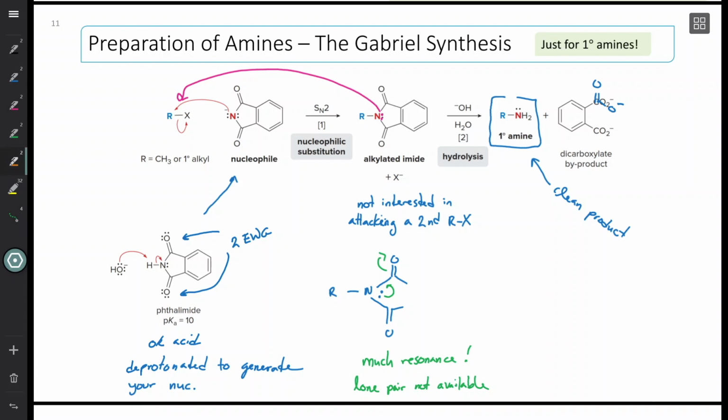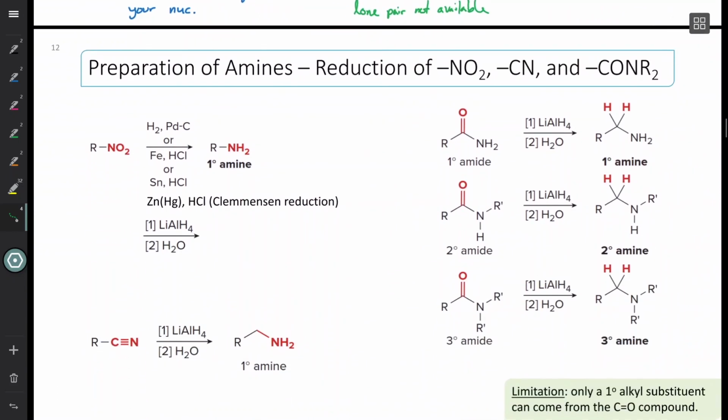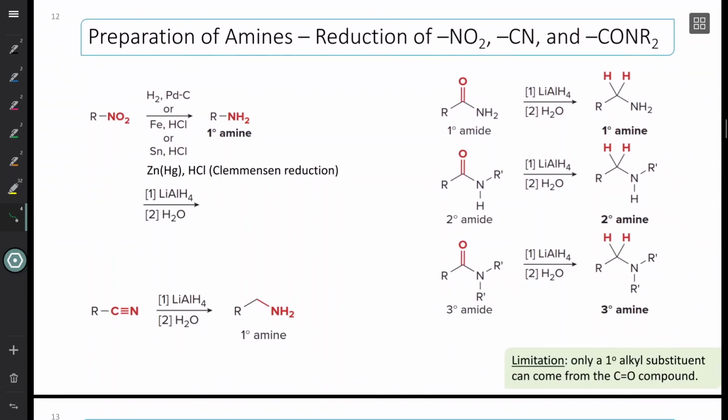But I'm not going to ask you this mechanism. It's very similar to what we've seen before with the hydrolysis of amides. Okay, so this, though, is still just for primary amines. What if you want to make something else?